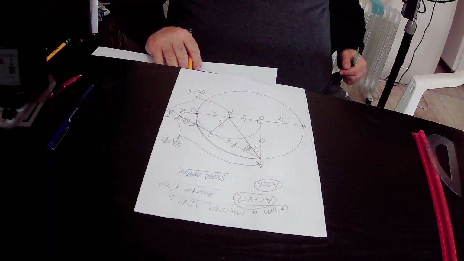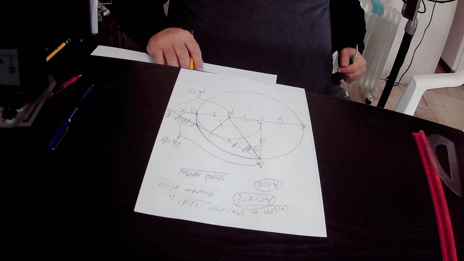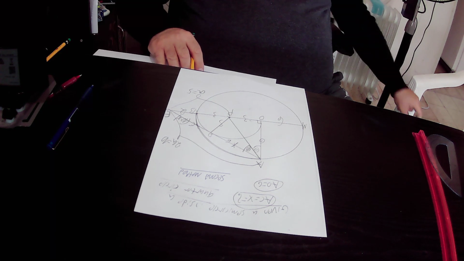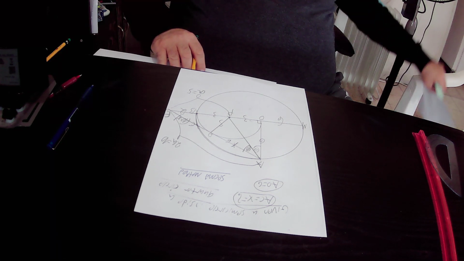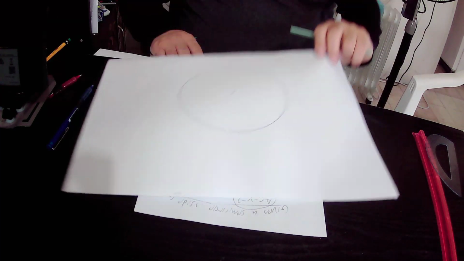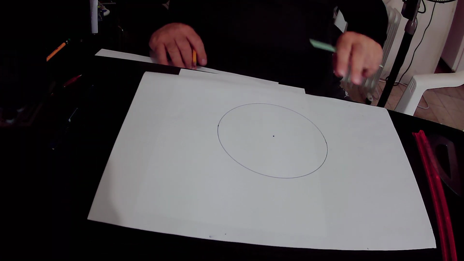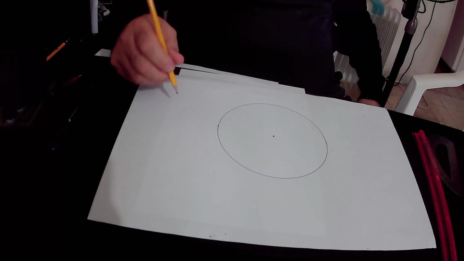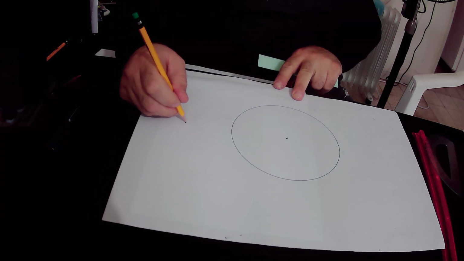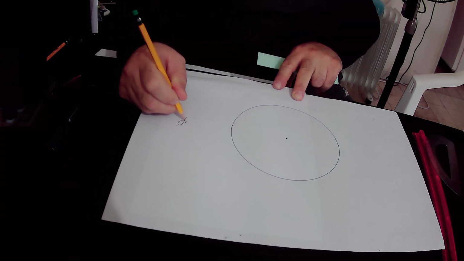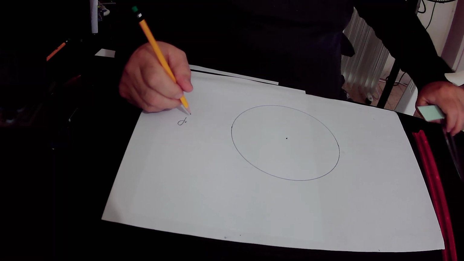In the next step I will present to you a new rule. So if we have this circle, and from an external point, point P, we draw 2 chords to this circle.